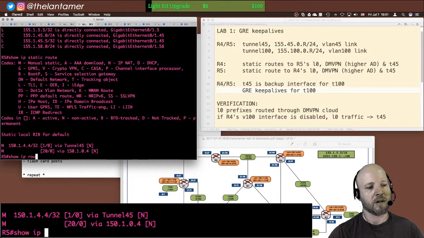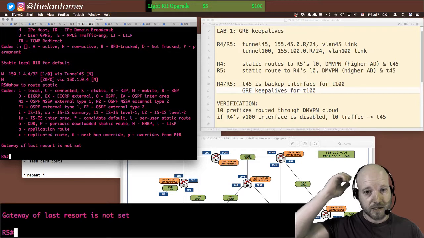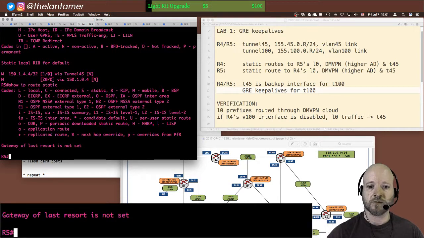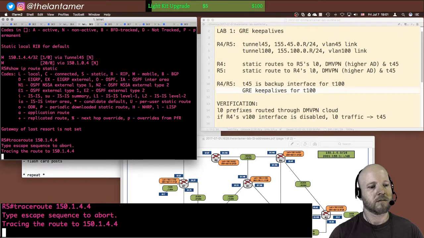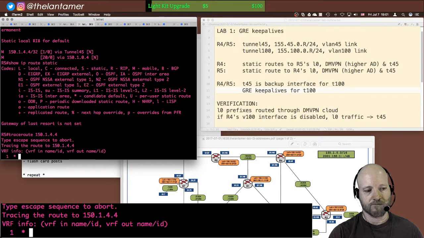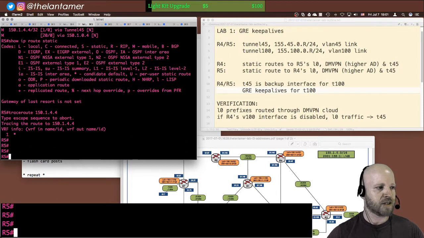Show IP route static. Ah, so that is a problem. So we don't have a route. So that's why it does not make sense to me.